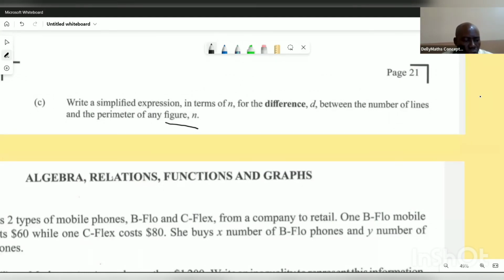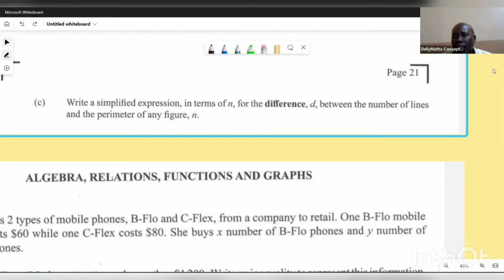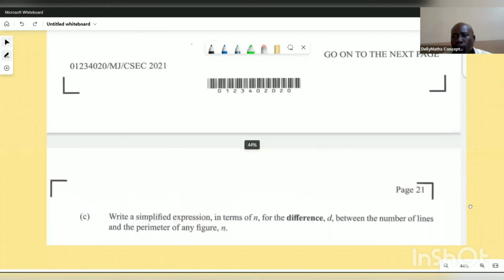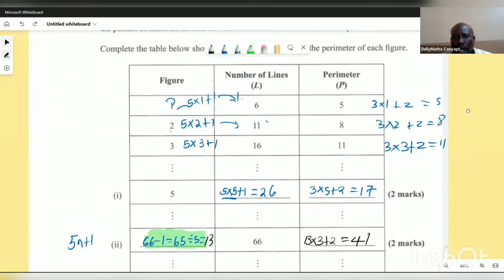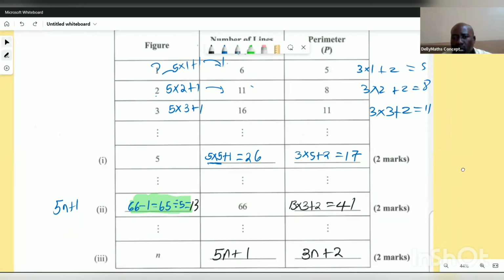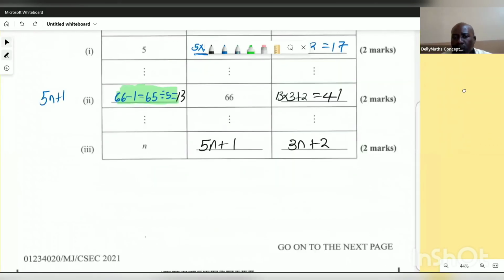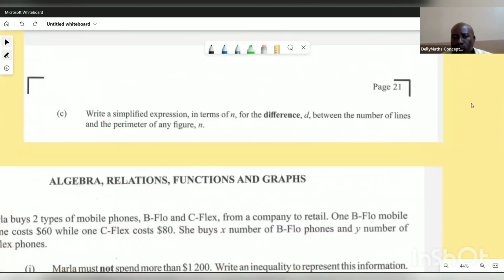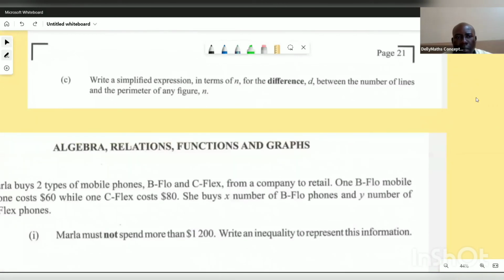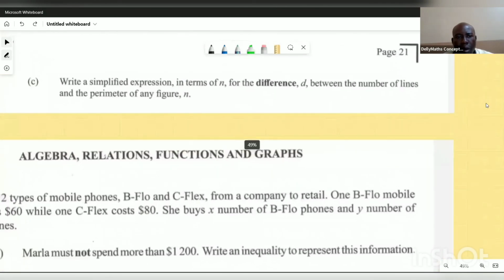So in doing so, remember that, hold on, take off that line. All right, let's look back at the table. Look back at the table. So we're talking about L, which is 5n plus 1, and P is 3n plus 2. All right. So we're talking about the difference between the perimeter and the lines.